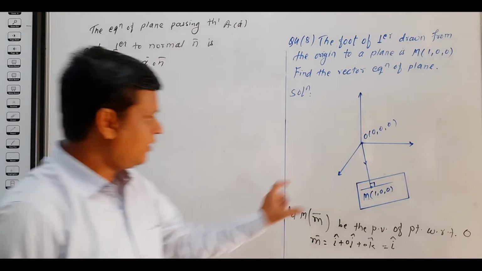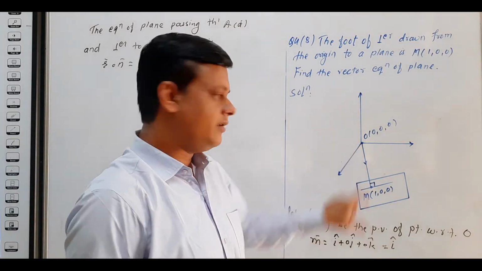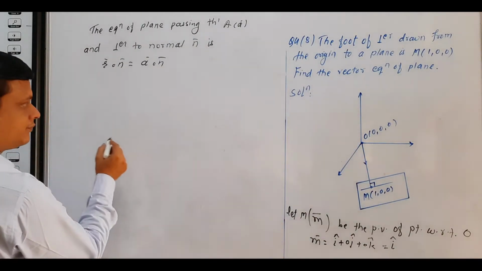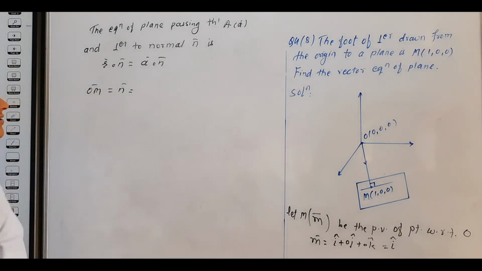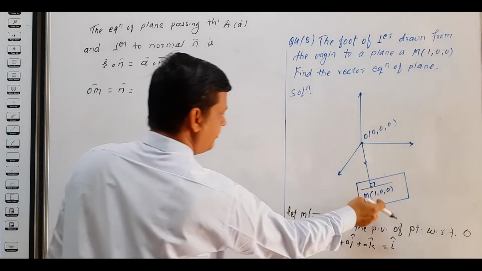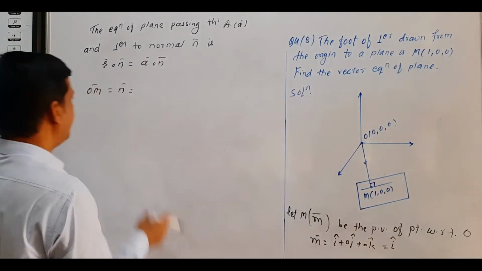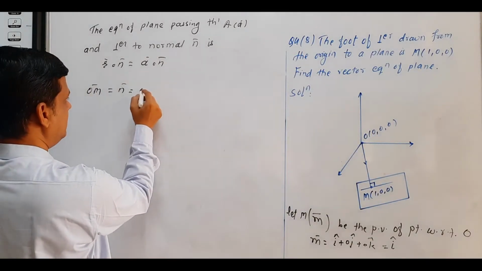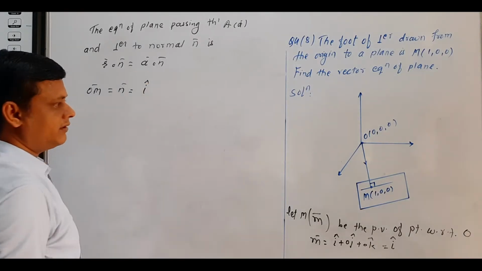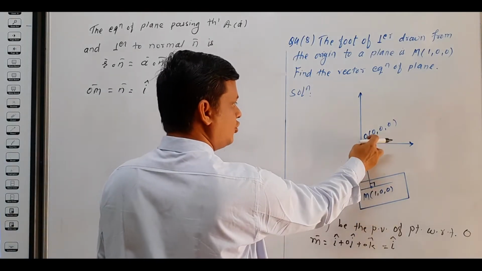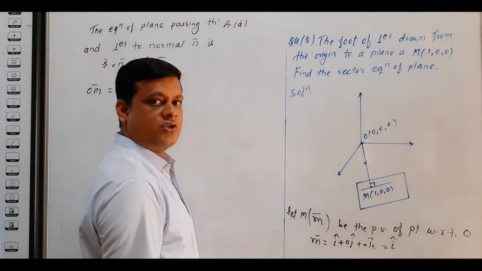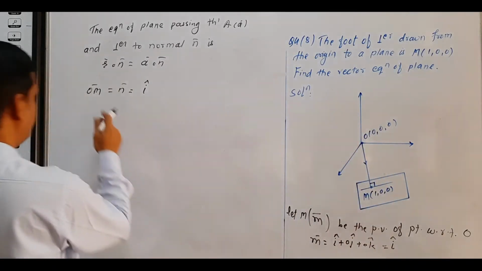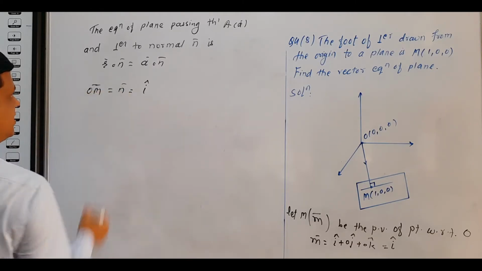Now we have to find OM-bar, which is the normal. So OM-bar is equal to n-bar. We calculate the vector n-bar as i cap, because 1 minus 0 is 1i, 0 minus 0 is 0j plus 0k. So vector OM is equal to i, which is n-bar.